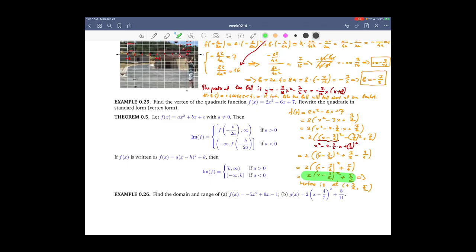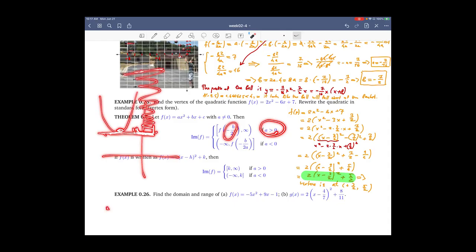Okay, the next theorem pretty much summarizes what we already know. If we have a parabola opening upward, a is greater than 0, then of course the image of our function, or the range, is simply the interval from f at the x-coordinate of the vertex, minus b over 2a, up to infinity.